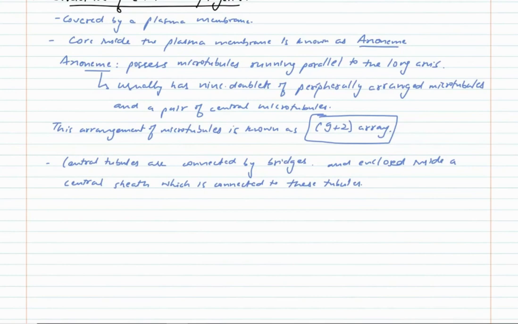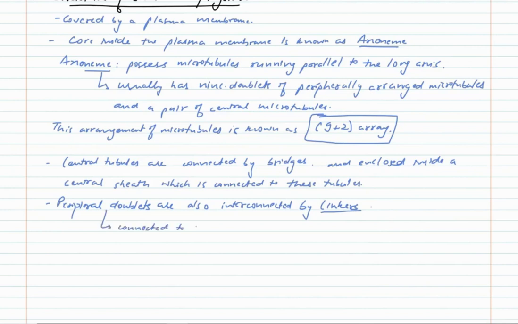The peripheral doublets are also interconnected by the presence of linkers. The peripheral microtubules are interconnected to one another by the presence of linkers.